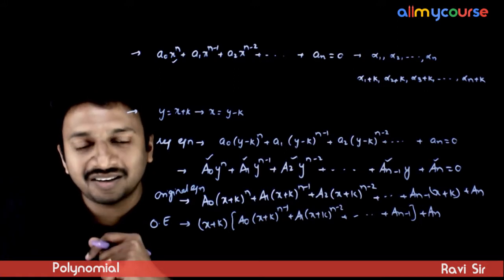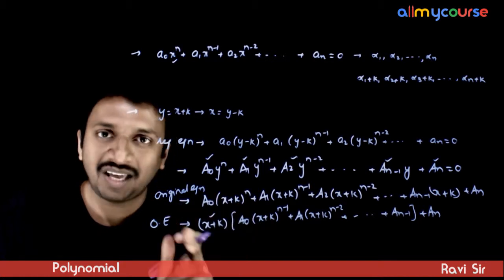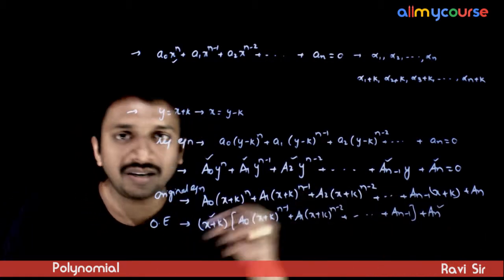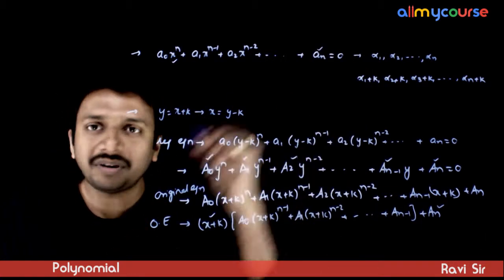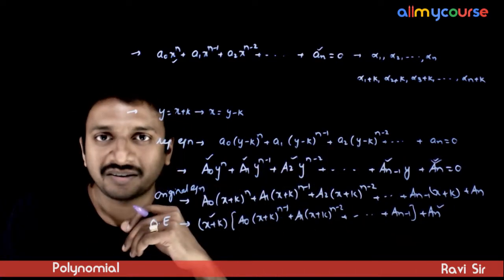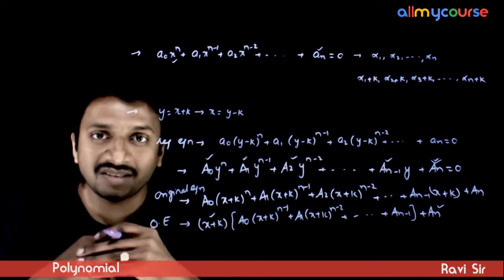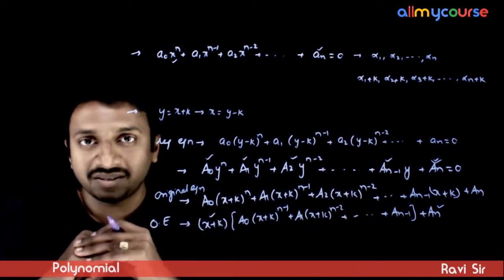Can you see that if I divide the original equation by x plus k, the remainder is nothing but the last number an? So dividing by x plus k is very easy, and finding the remainder is also very easy.